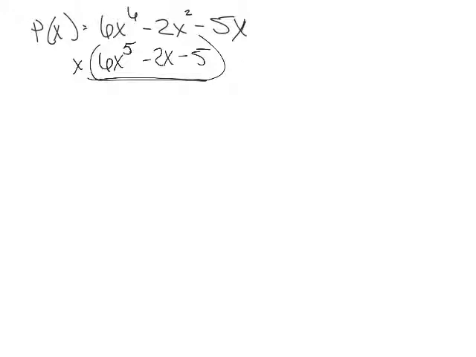I know that one of the factors has a 0 in it because I know x is going to be 0 there, because this is going to be equal to 0. So if I make that 0, it makes everything 0. So I know that's going to be one of my zeros. 0 is a 0.